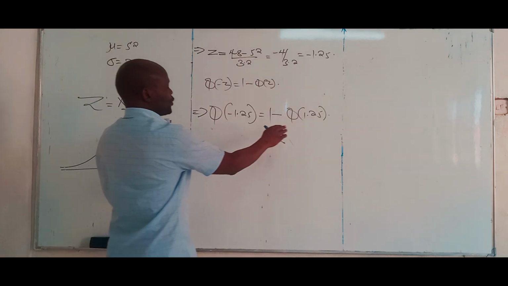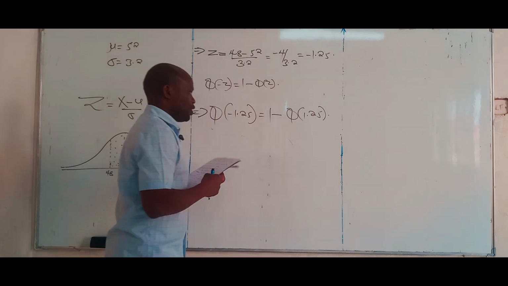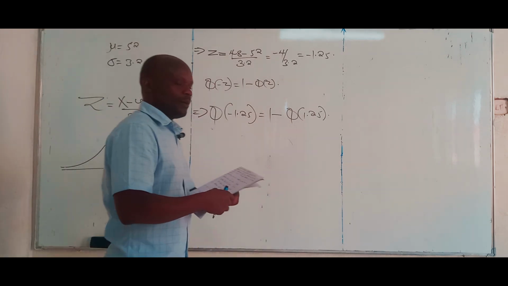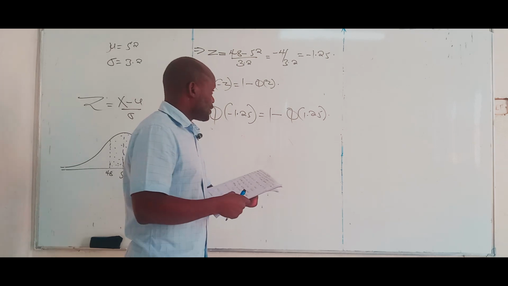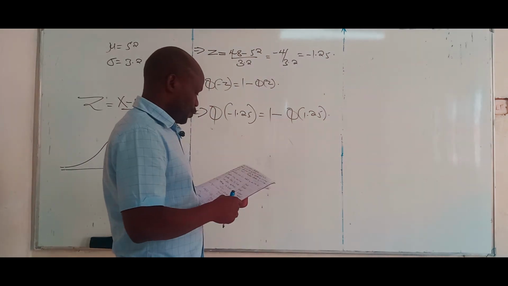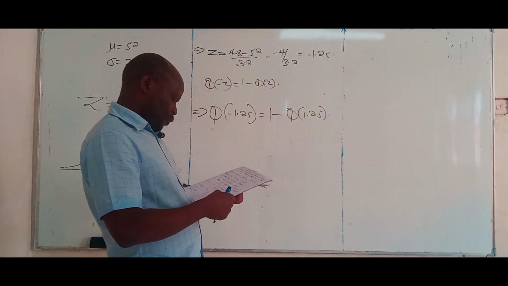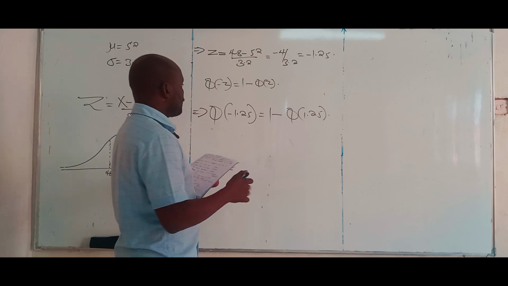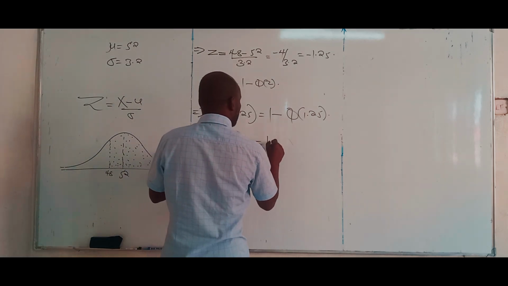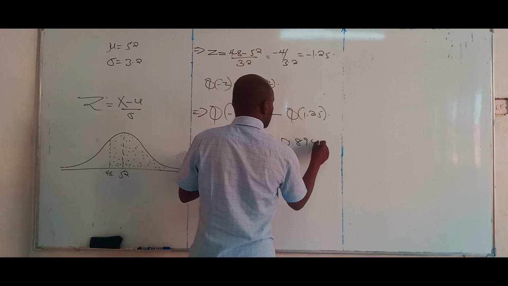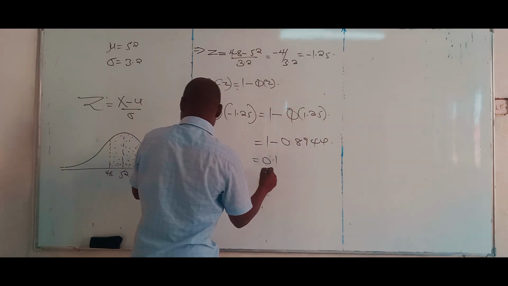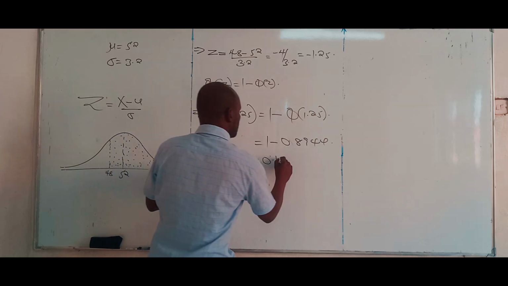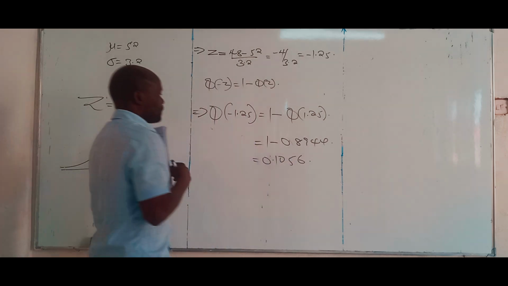But phi of 1.25 is what we have read from the table, and I'm going to show you that towards the end of this class. So 1.25 corresponds to a reading of 0.8944. So this will give me 1 minus 0.8944, and the difference is 0.1056.